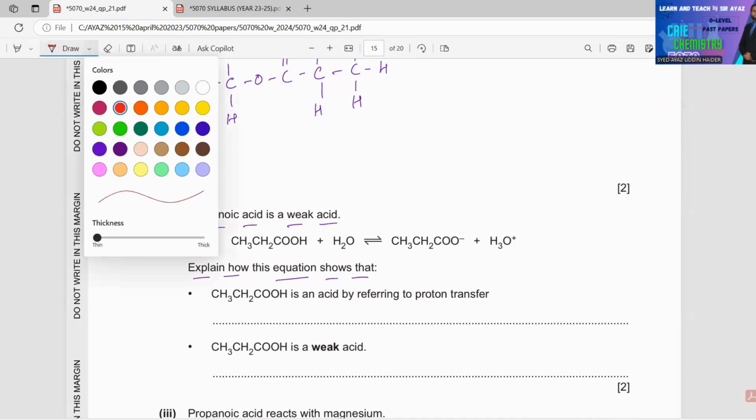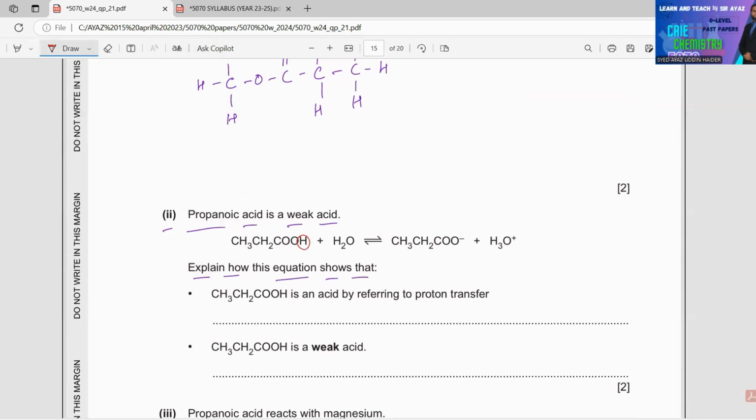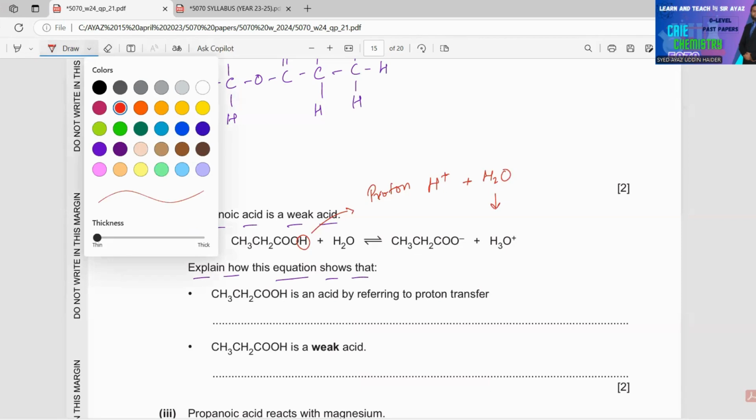Now this hydrogen is removed from this and it's considered a proton because it will be the one having no electron. That's why we call it proton. And it's going to react with water, H2O, producing H3O positive ion. So what I'm going to write, I will write proton transferred from acid to water.